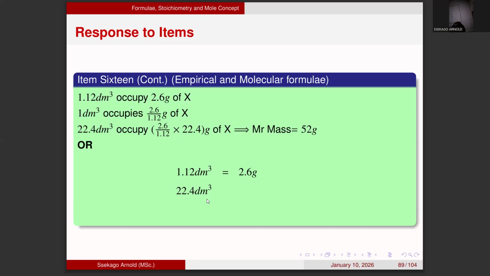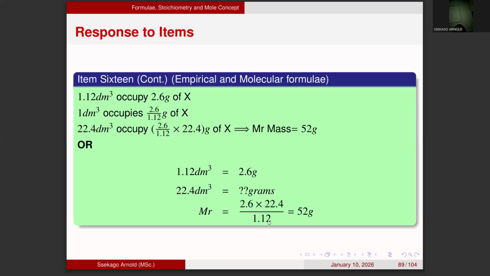How many grams do they contain? We cross multiply: 22.4 times 2.6, then divide by 1.12. We have seen such conversions before. Therefore, molecular mass is 2.6 times 22.4 over 1.12, and calculating this, we still obtain 52. Now I have my molecular mass.